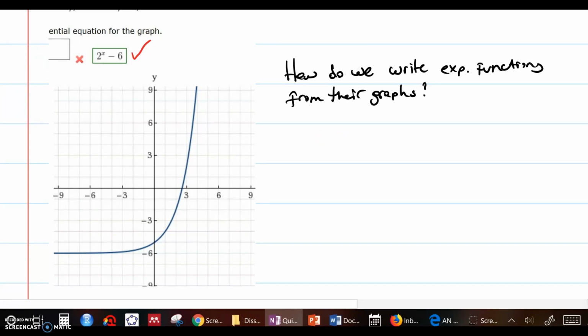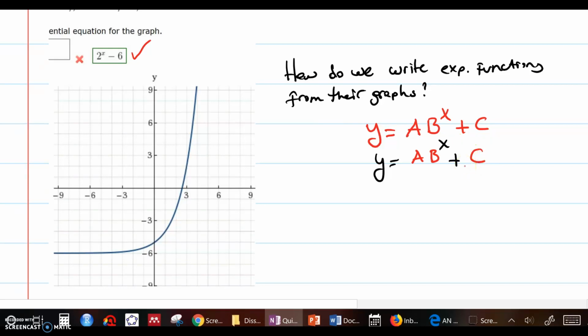So exponential functions are in this form, the ones that we are going to see. Our job is to figure out in this function, I'm going to rewrite it, A, B, and C, the red ones.